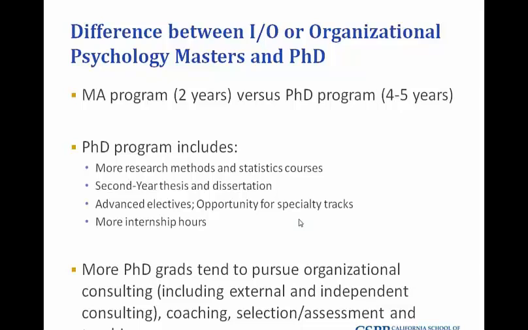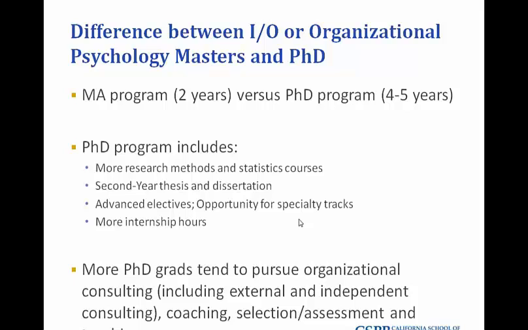Now, some of you might be wondering, what's the difference between a master's and a PhD? Well, the easiest answer, but perhaps the most incomplete, is that the master's program is a 2-year program. The PhD program is typically 4 to 5 years in the making.